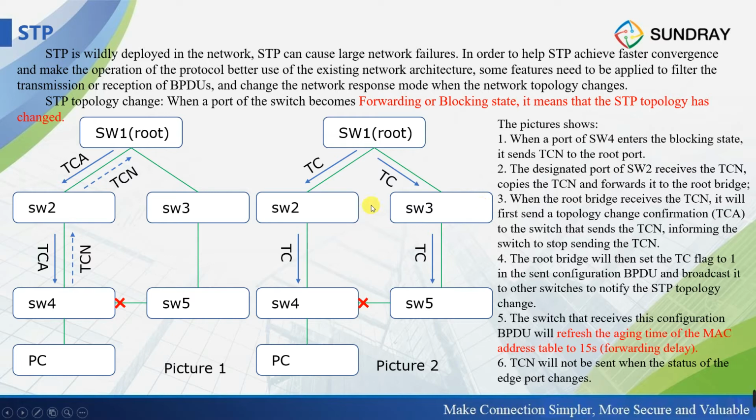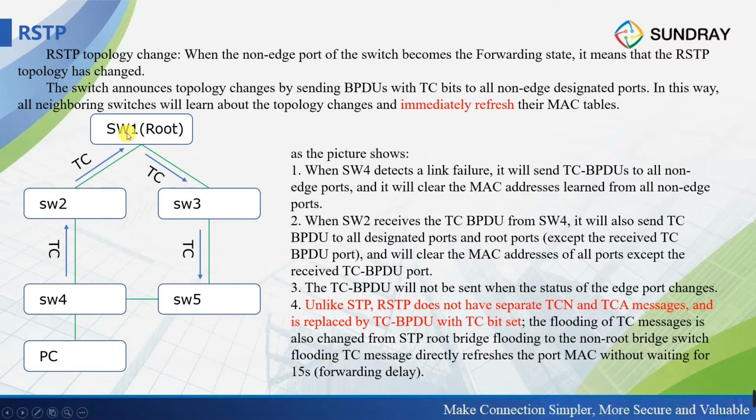So let's think about how it works in RSTP. In RSTP, if switch 4 detects there is a topology change under its port, it will send the TC BPDU directly to the other switches.